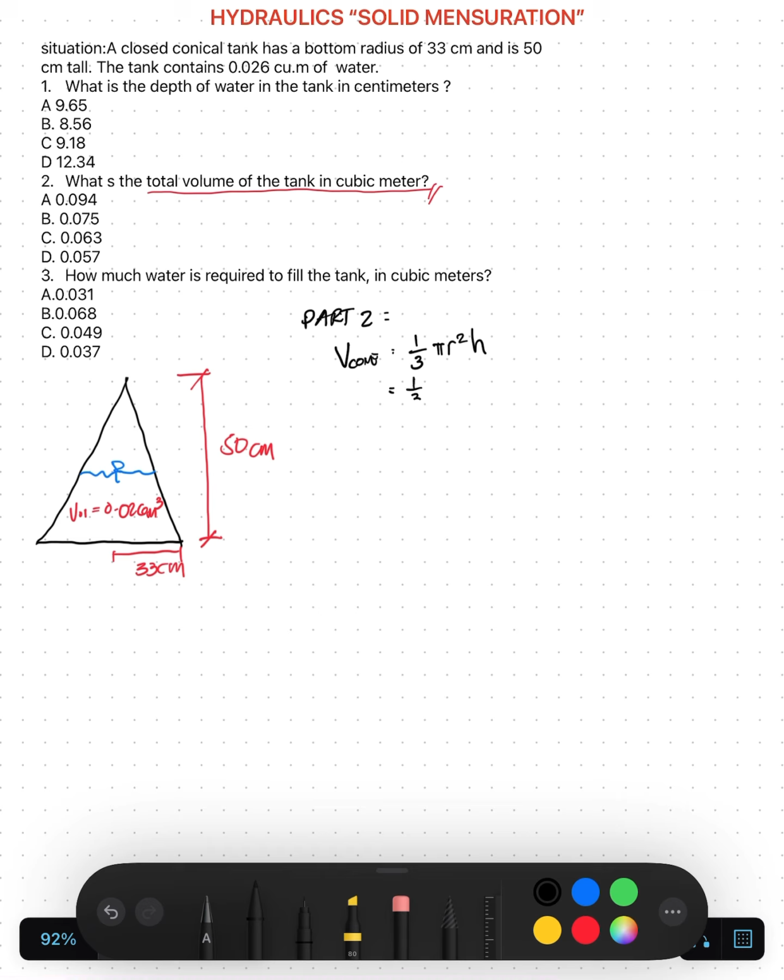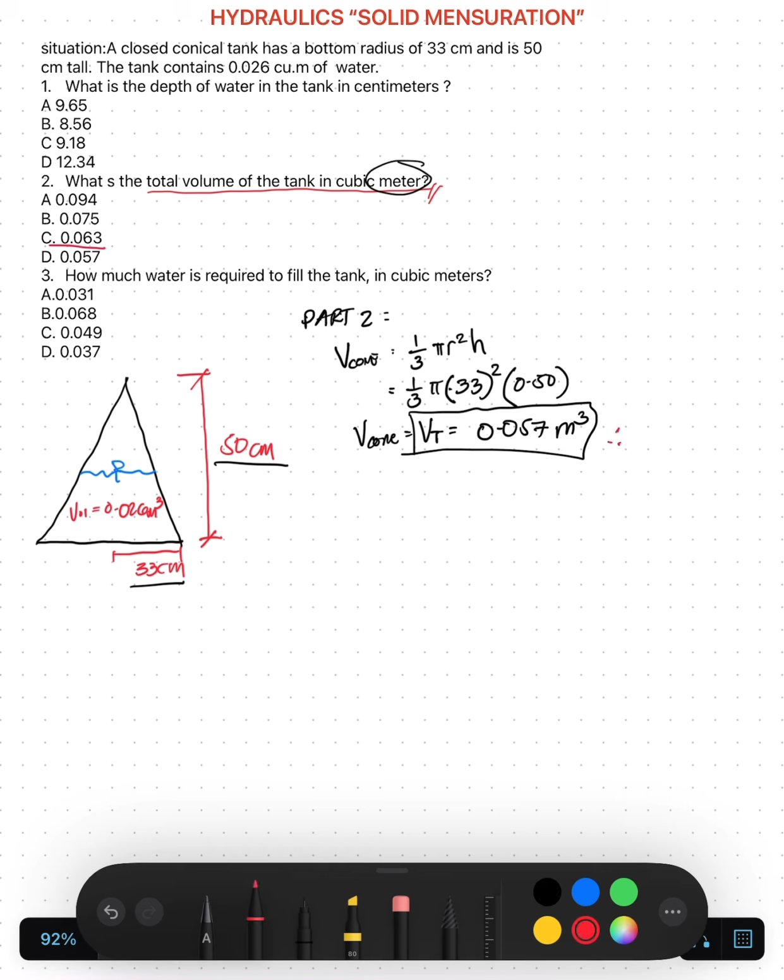So that is 1/3 pi, r is 33, but this is in cubic meter, so 0.33 squared times 0.50. So the volume of the cone, or total volume, is equal to 1/3 pi 0.33 squared times 0.5, which is equal to 0.057 cubic meter. That is letter D.